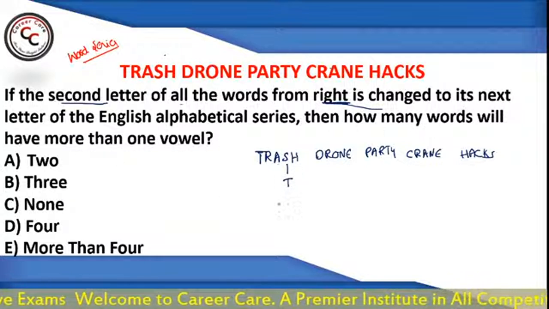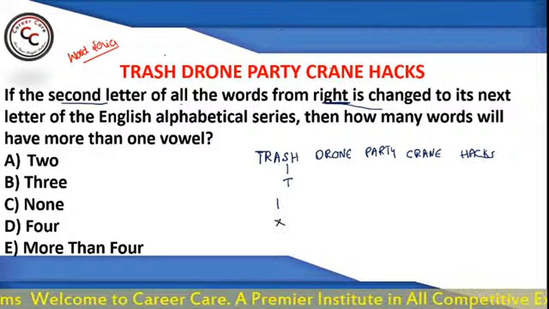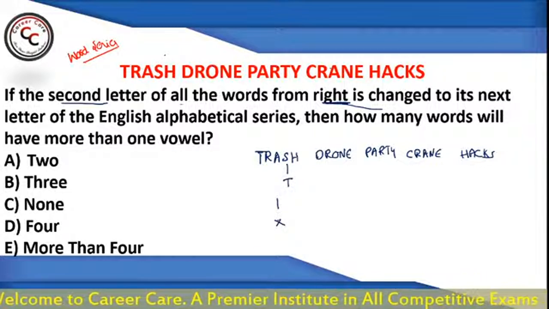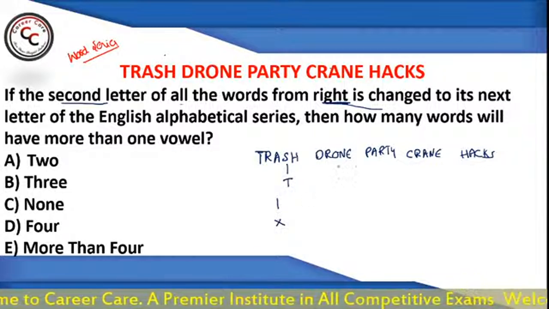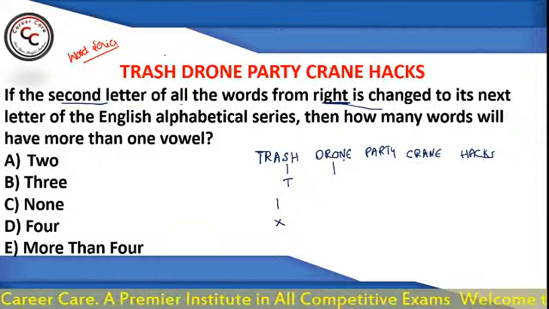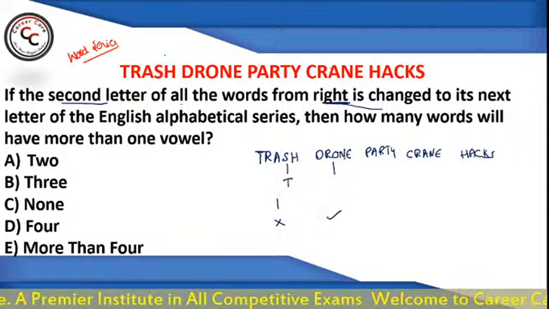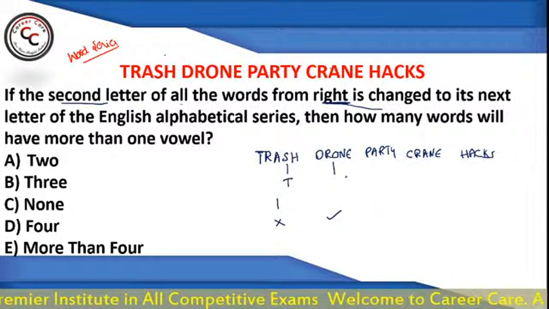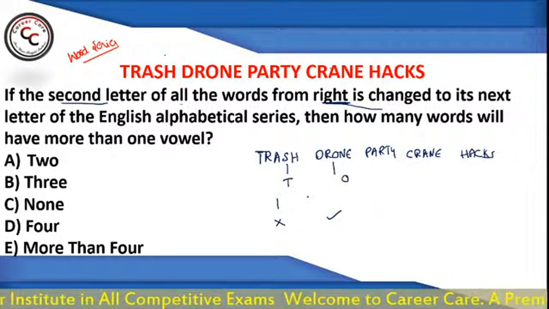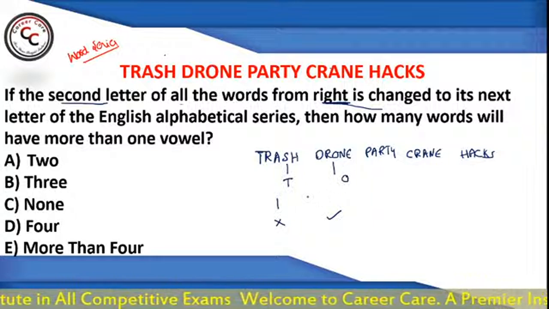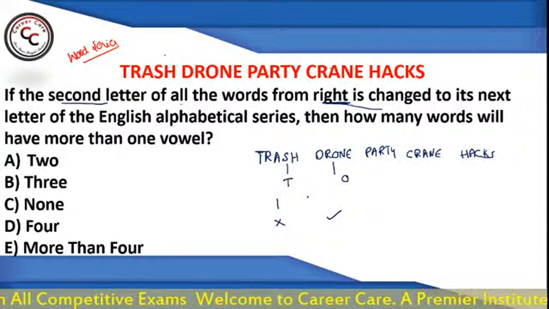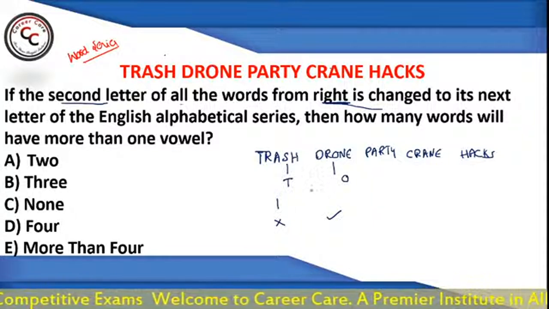Trash consists of only one vowel, so you can ignore this. Similarly, drone. In drone you have two vowels, so you can take this combination. Even though N is there, the next letter of N becomes O. No issue. Similarly, party.